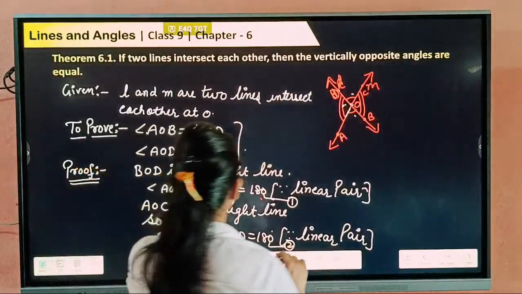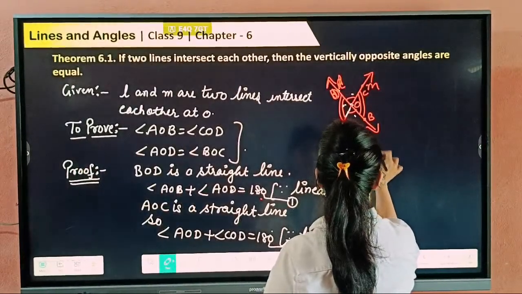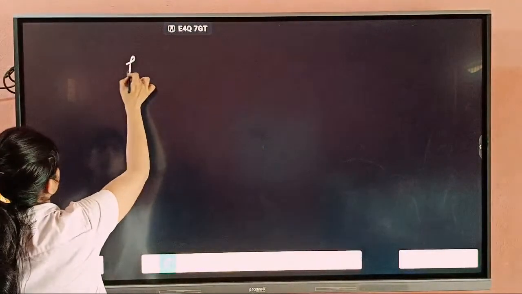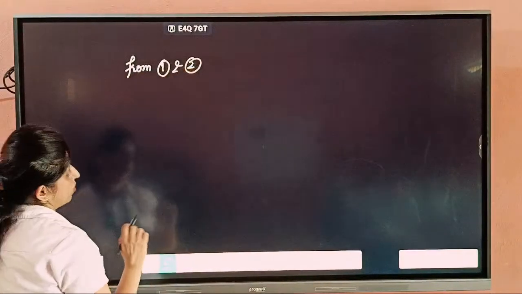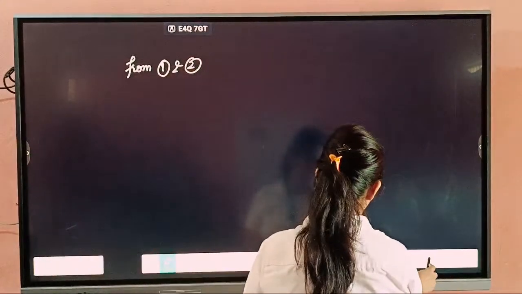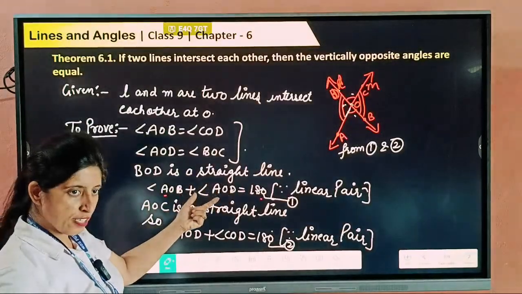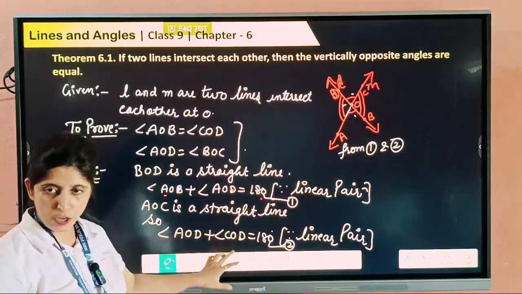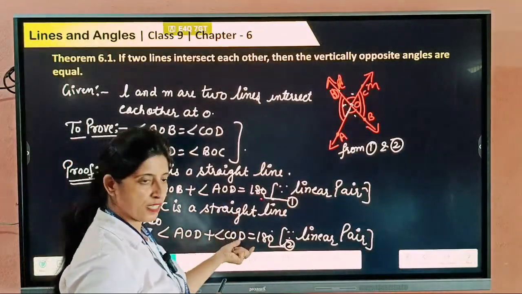Right? Now from 1 and 2, I am writing here. AOB plus AOD is equal to 180 and AOD plus COD equal to 180. From 1 and 2, both are equal to 180, means both are equal, right? AOB plus AOD equals AOD plus COD.